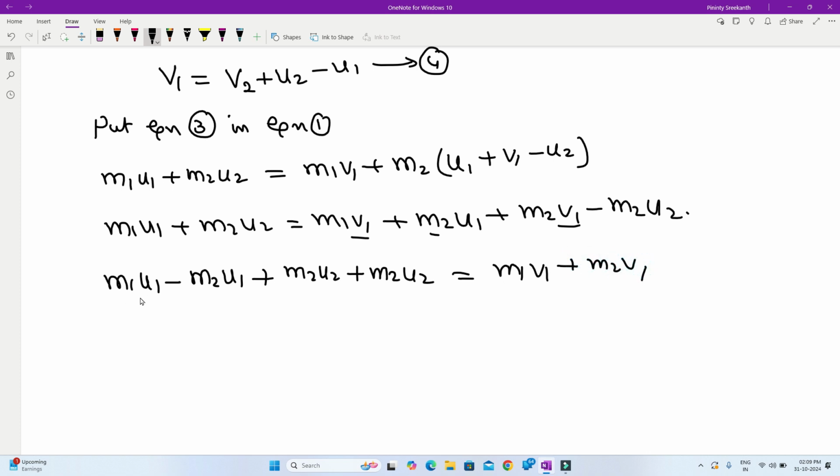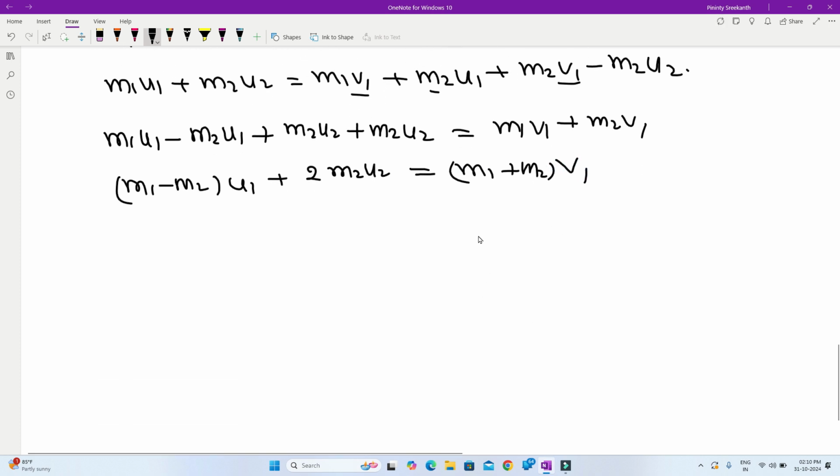So here take common of u1, that is (m1 − m2) into u1 plus, these are the same terms, that's why 2 m2 u2 is equal to (m1 + m2) of v1.